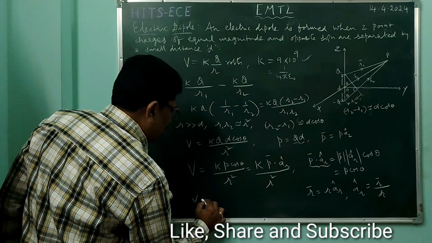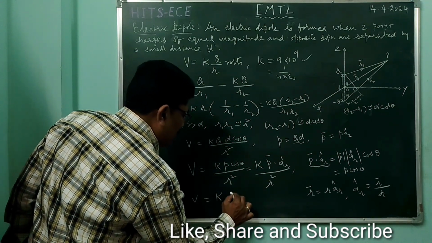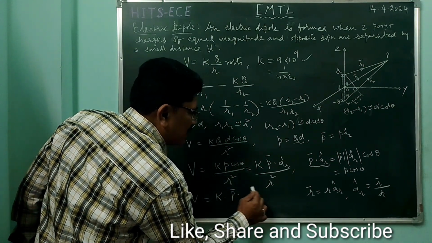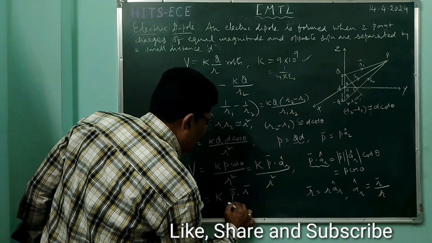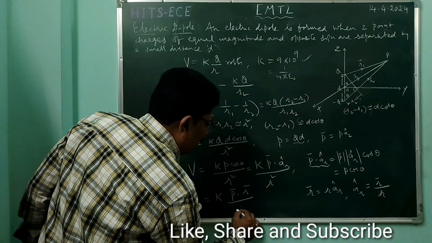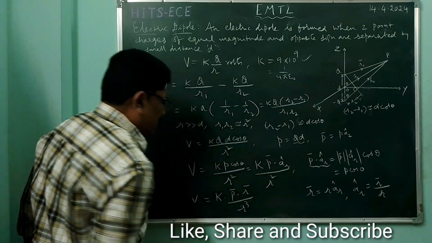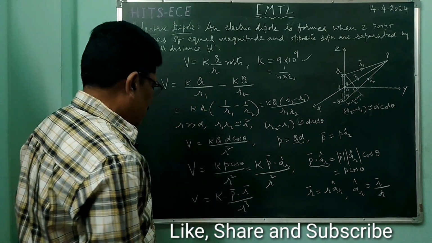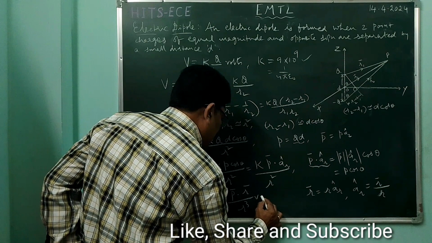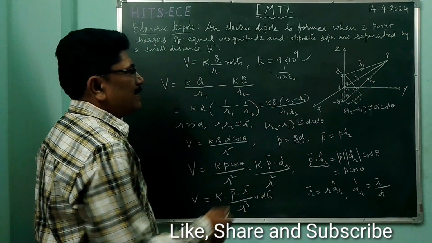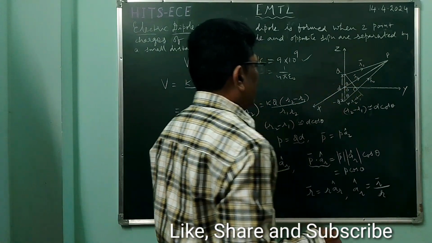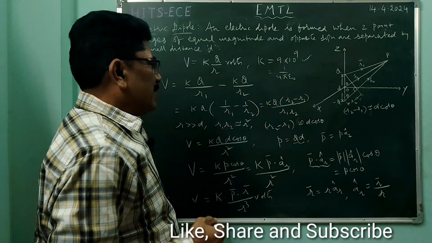We will get V is equal to K into p bar dot R bar by R square into R. Square into R is R cube volts. That is when the dipole center is at the origin of the coordinate system.